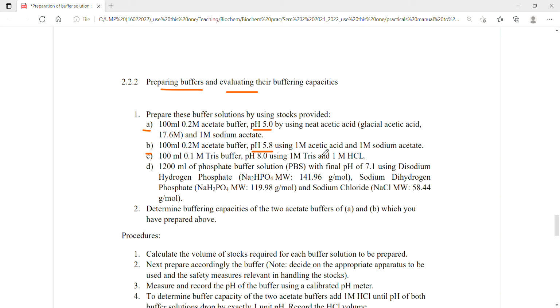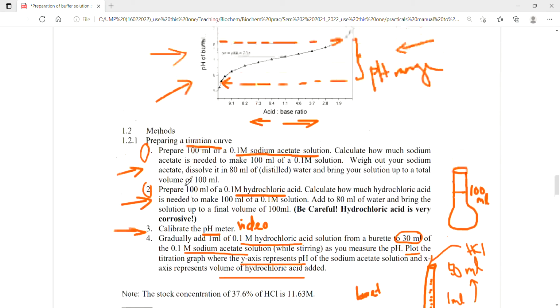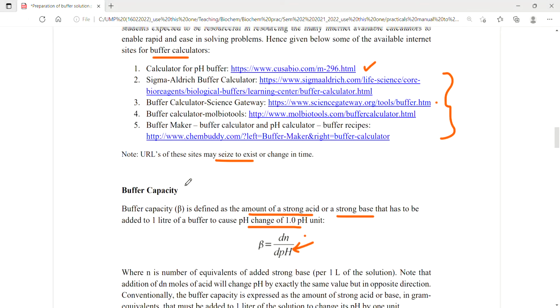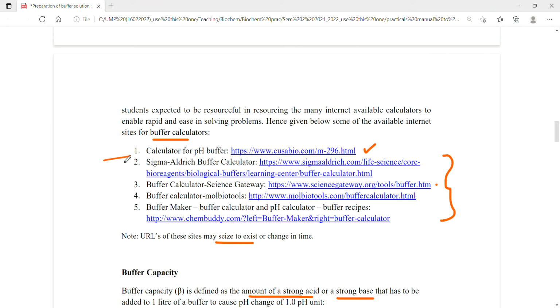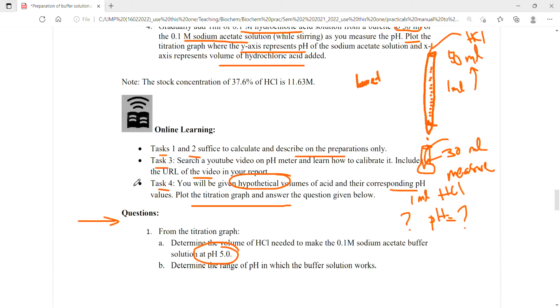Okay, and the solutions to prepare it are also given. So how do you gather information on preparing it? I suggest you go to one of the given resources, but usually Kusabio is the best choice.